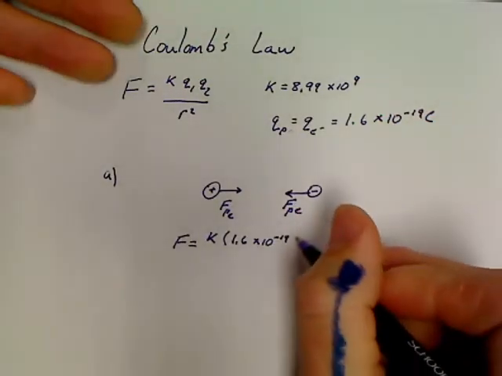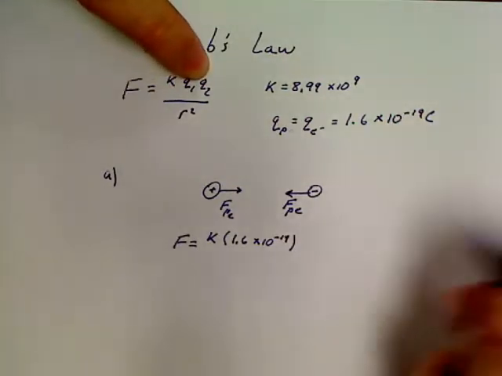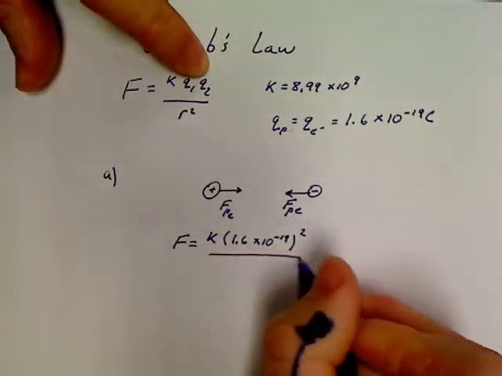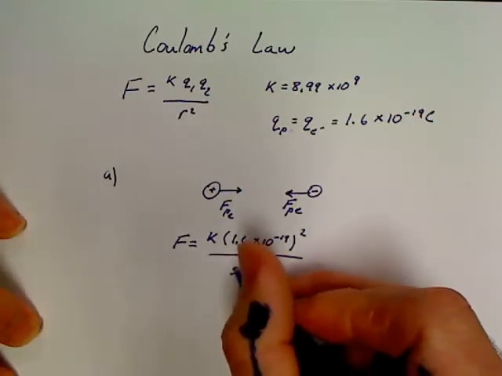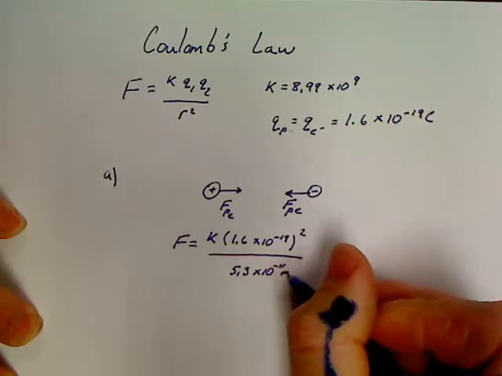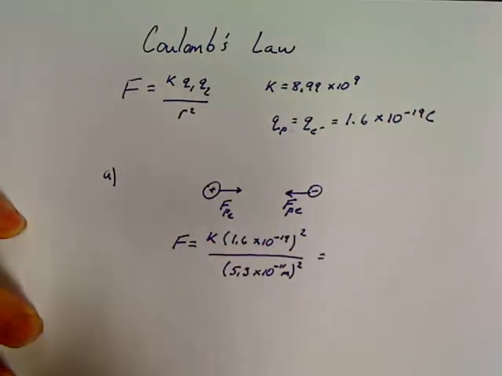Since that's also the charge of an electron, and we've just got Q times Q, we'll just write Q squared up above that. Underneath, the example says that they are separated by a distance of 5.3 times 10 to the negative 11 meters. Put that down here, square that, and you should be able to get a value for that now.